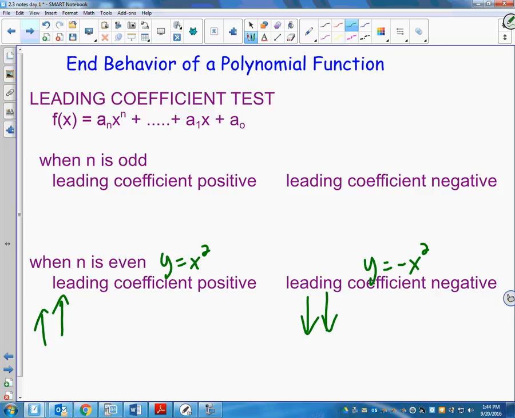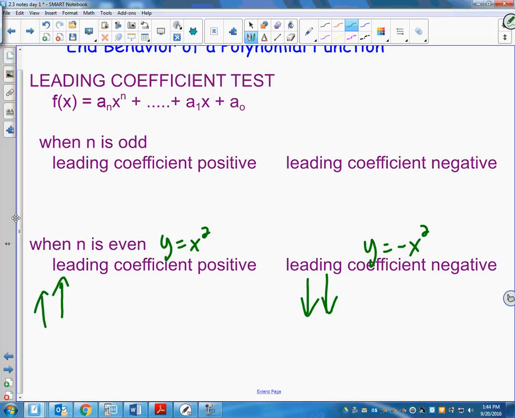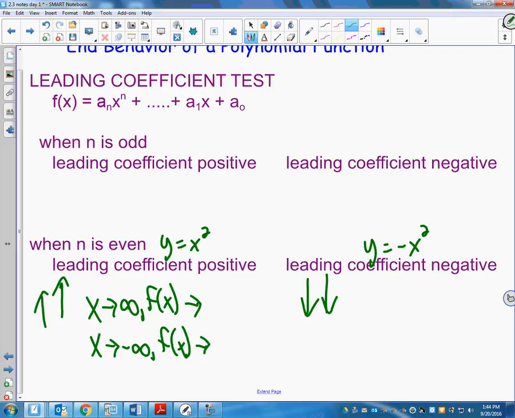But if they ask you to describe the end behavior, you have to write it out with infinity. Let me see if you remember this from last year. So we say, as x approaches infinity, f of x approaches something, a y value. And as x approaches negative infinity, f of x approaches something. Did you write it out like that? So this is how you write it every time. All that changes is the infinity part, so that's why I write it in the blank.